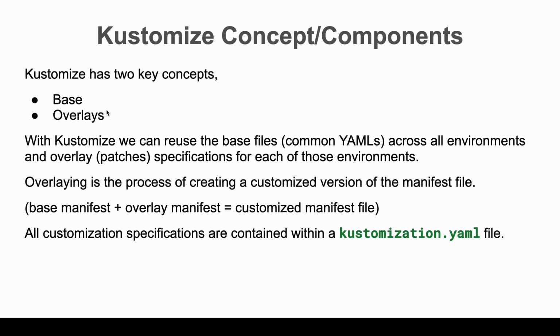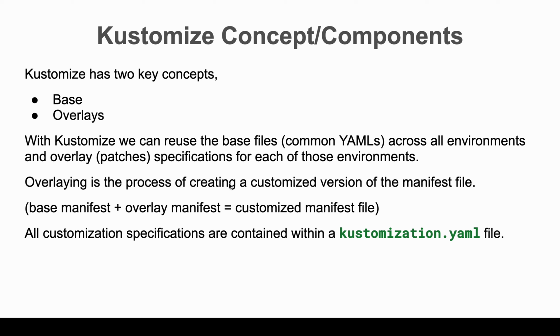Then using those patches stored in the overlays directory, you can use this customization. So with Kustomize, we can reuse the base files or the common YAML manifest file across all environments, and overlay, which we can say are the patch specifications for each of those environments.